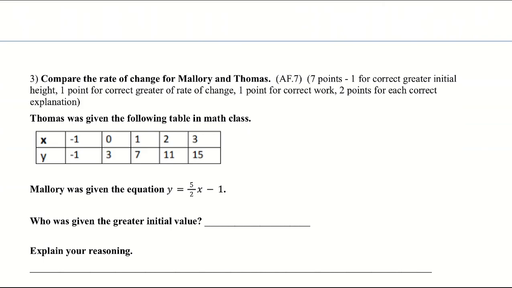All right, so Thomas is in the equation here. Mallory is given in the reading. So Mallory, it says, was given the equation y equals 5 over 2x minus 1.